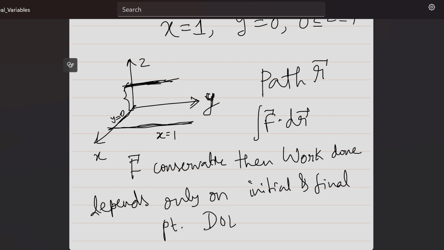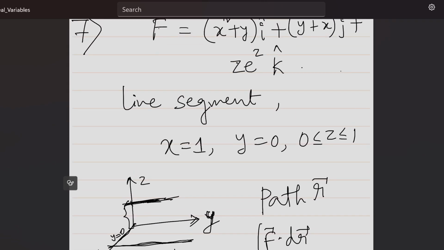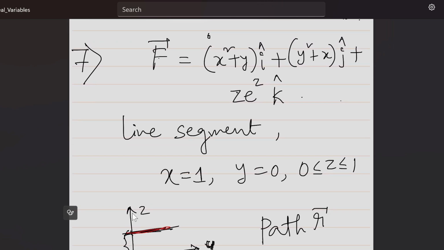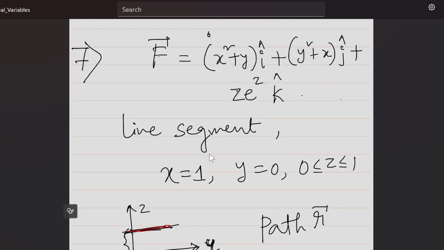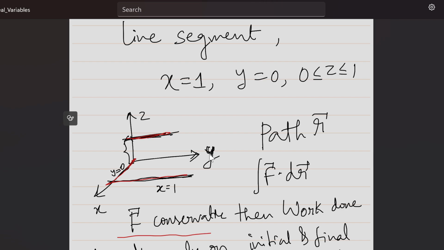It does not depend on the path. Suppose for any problem you are not able to find the path, better you check if F is conservative or not. If F is conservative, then you don't need to depend on the path. The work done depends on the initial and final point.